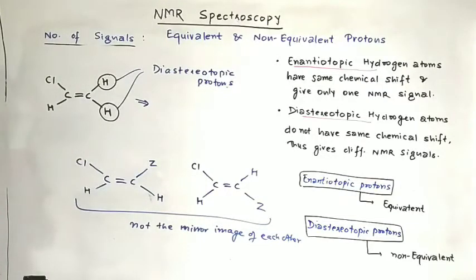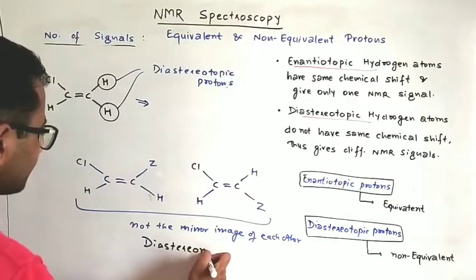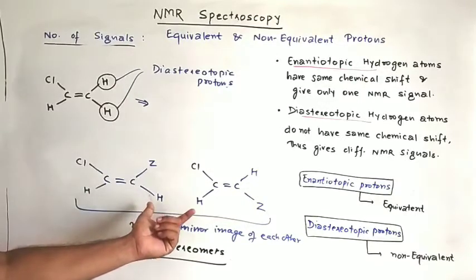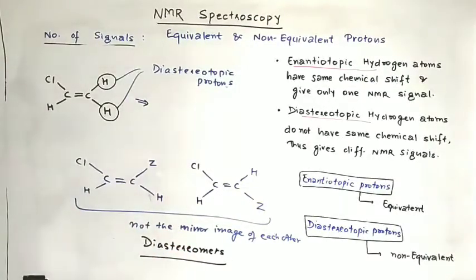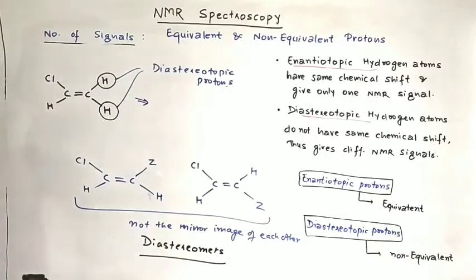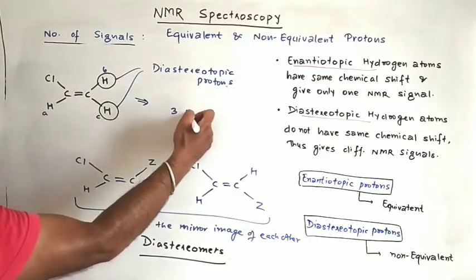So what do we call them? We can call them diastereomers. That's why these two protons, by replacing which we get two organic compounds that are not mirror images of each other, are called diastereotopic protons, and they are not equivalent. They will give different peaks. Then how many peaks will this molecule give? This molecule will give A, B, C. We get 3 peaks.